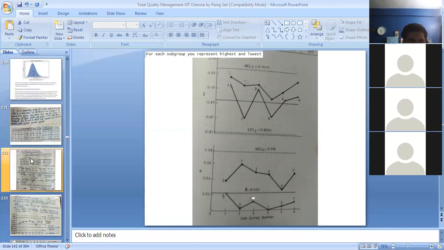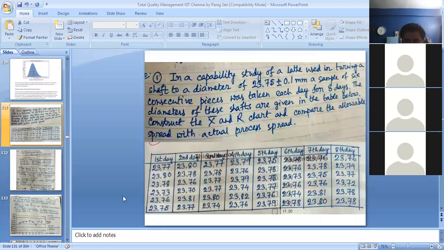Suppose in this example, these 6 rows are one group. Now underneath it, if you have another 6 rows for another lathe machine, then that will form one group. Then if you have another 6 rows underneath that for another machine, you will form another group.